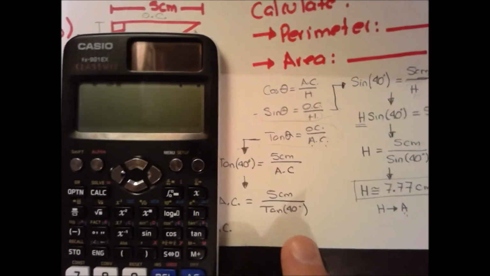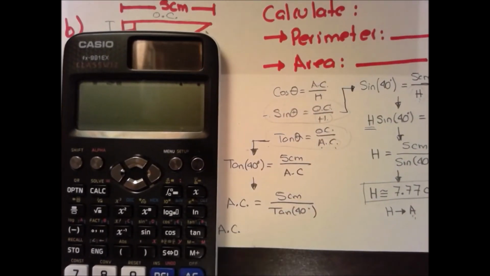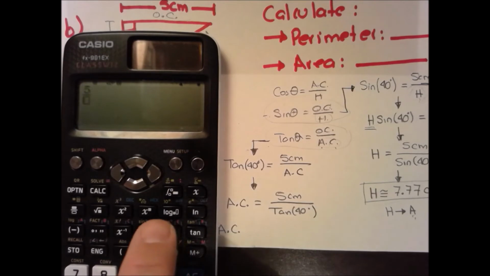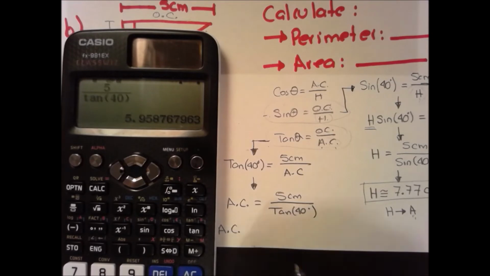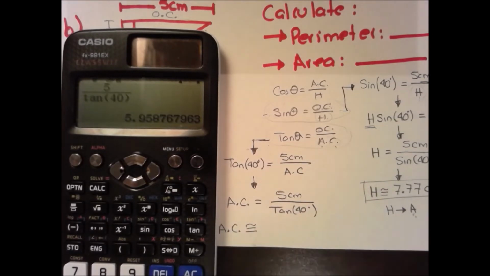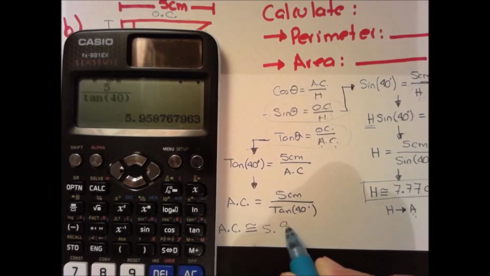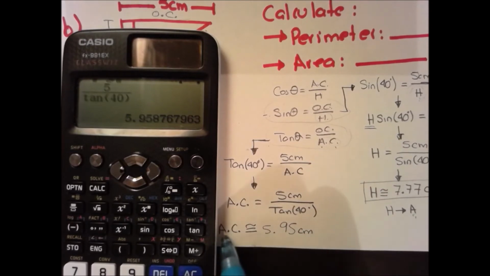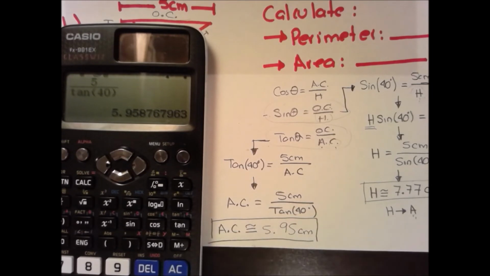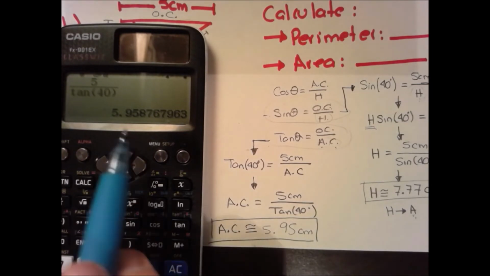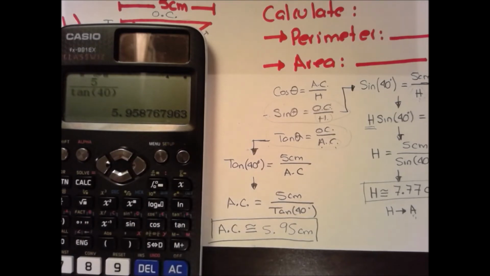Okay, so the adjacent cathetus will be, look at this, let's take the calculator again and do this operation, 5 over tangent of 40. It is an irrational number. So it means that this is going to be approximately equal to 5.95 centimeters. Look at this, it's very important that you always put the units, in that case centimeters. But I need that entire irrational number in my memory, because I'm going to calculate the perimeter and I need the real numbers.